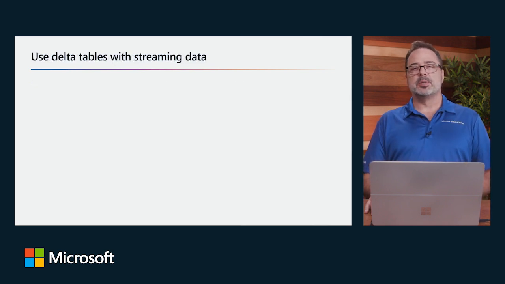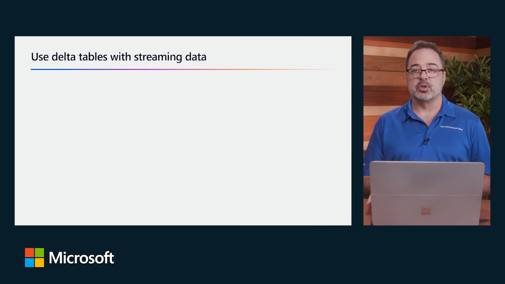Delta tables also support streaming data, both as a streaming data source and as a destination, which is referred to as a sink. Spark includes native support for streaming data through Spark Structured Streaming, which is an API that is based on a boundless data frame in which streaming data is captured for processing.